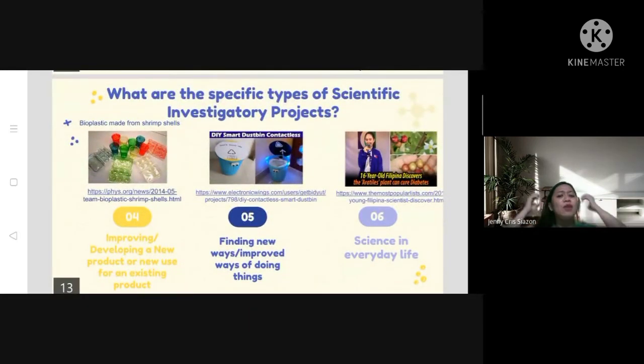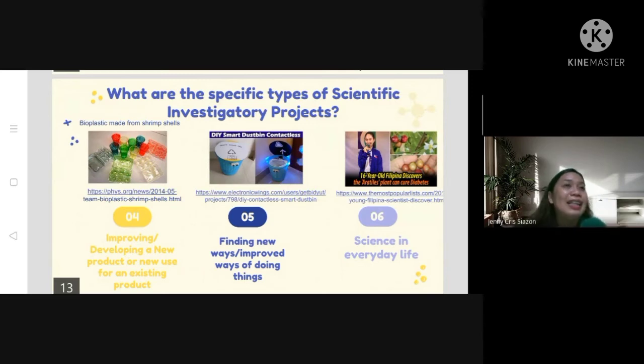Okay. So another one, you can also improve or develop a new product or new use for an existing product. For example, meron nang gumawa ng bioplastic material. Okay. Meron na siyang ginawang bioplastic material.